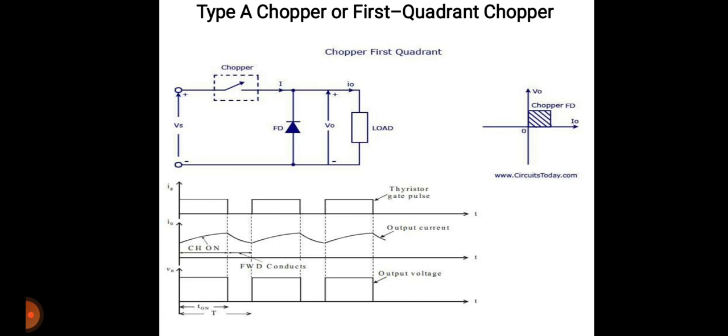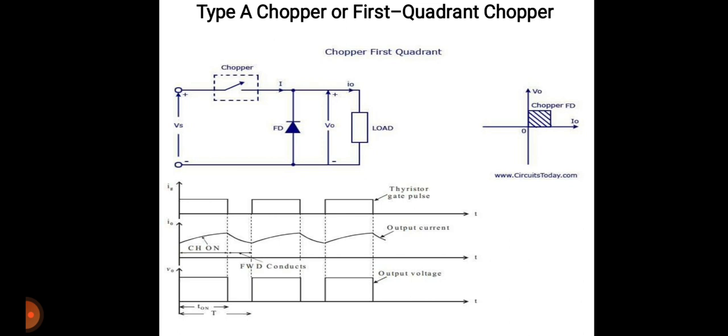Current I0 flows in the arrow direction. When CH1 is off, V0 is equal to 0. But I0 in the load continues flowing in the same direction through the freewheeling diode.